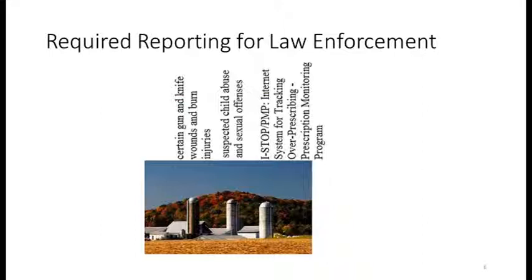Within the New York State Department of Health, we do have the third silo here, which is the I-STOP program, which is certain reporting to our Bureau of Narcotics Enforcement, which is within the New York State Department of Health. And again, that's really for a law enforcement purpose because we're trying to prevent drug abuse and other controlled substances offenses.